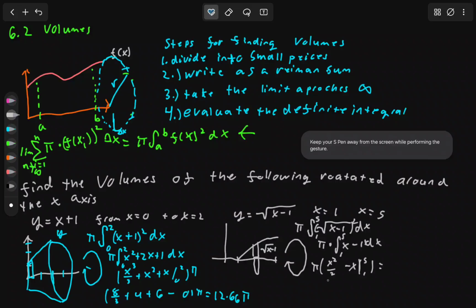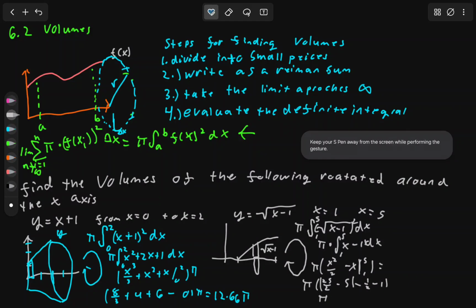Now what we have to do is plug in values. So we get 25 divided by 2 minus 5, minus, and I'll put this in parentheses, 1/2 minus 1.